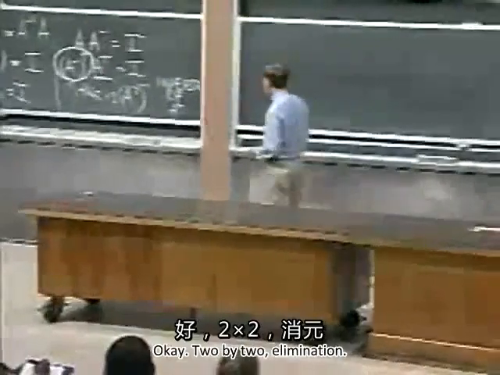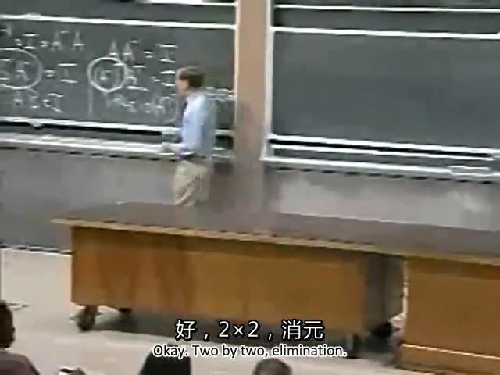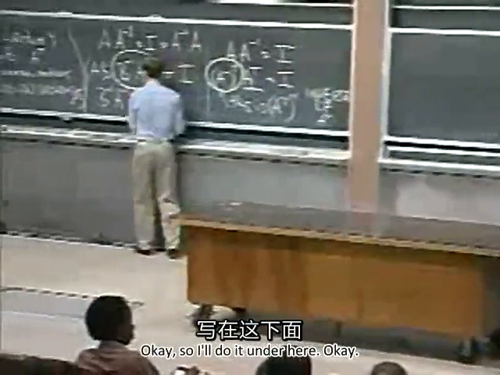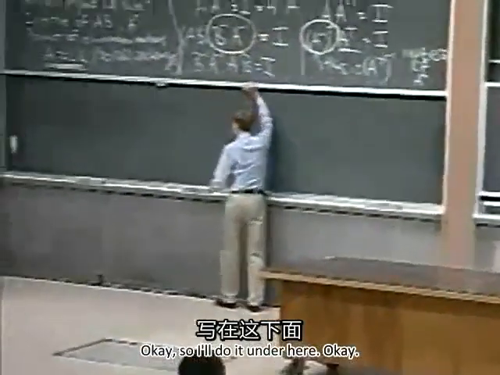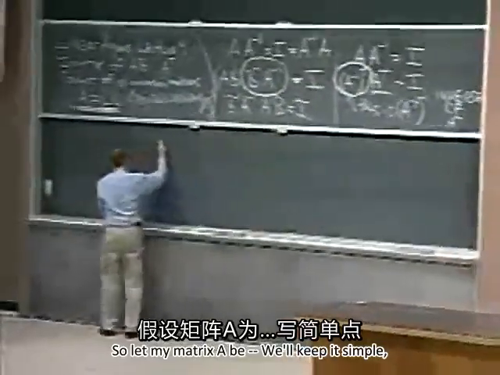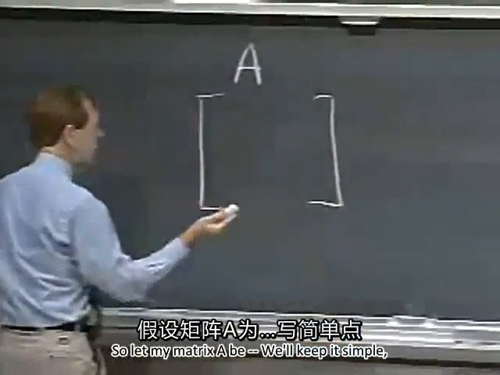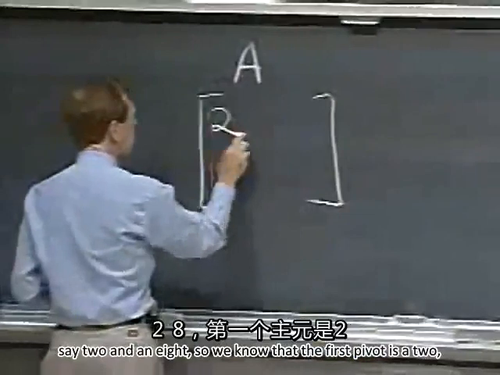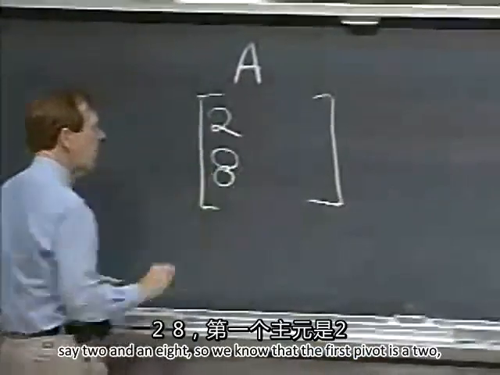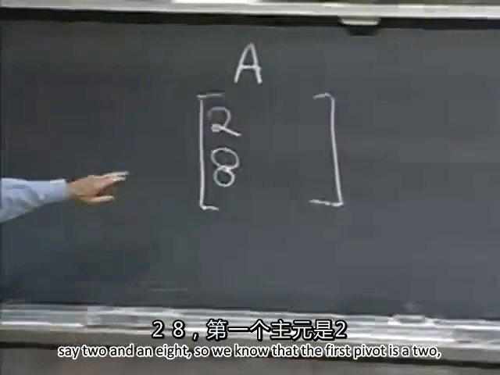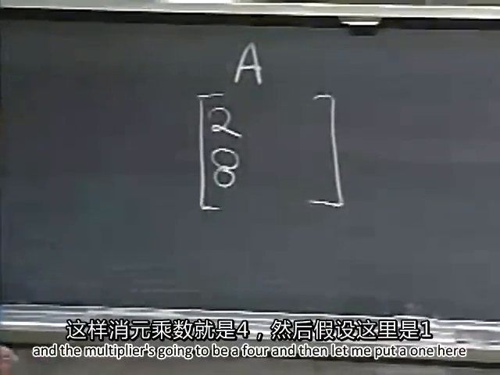Okay, 2 by 2 elimination. I'll do it under here. Let my matrix A be, we'll keep it simple, say 2 and an 8, so we know that the first pivot is a 2, and the multiplier is going to be a 4.